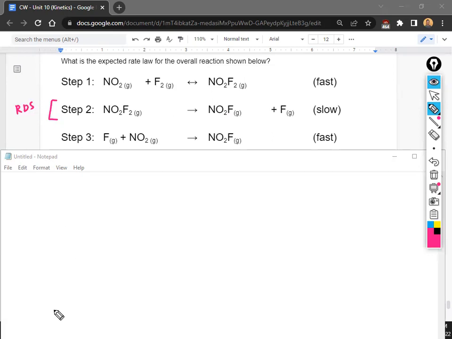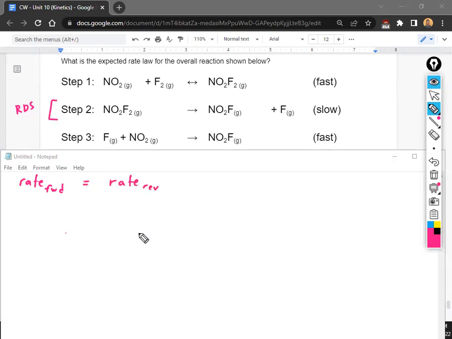So we got to figure out what the rate of this is and then find a way to describe it using the reactants and the products. Okay, so one thing that you guys might remember from before is that the forward rate is always equal to the reverse rate. You guys remember that?